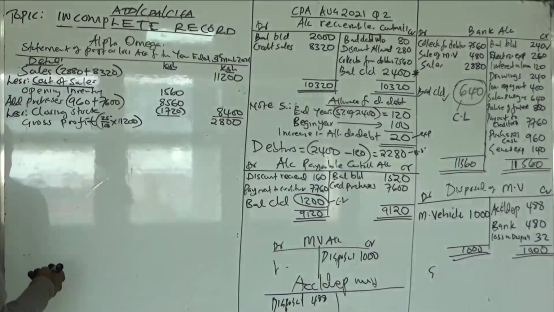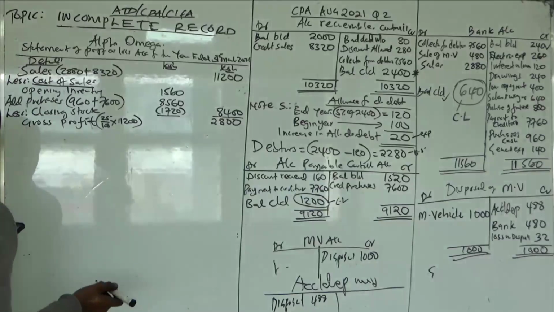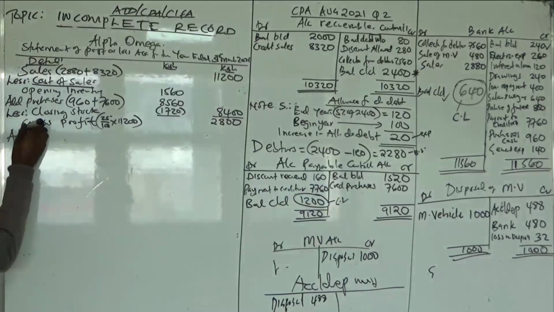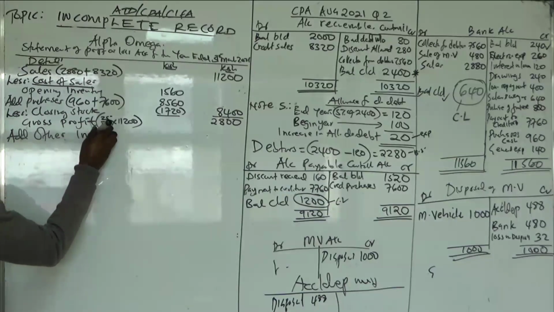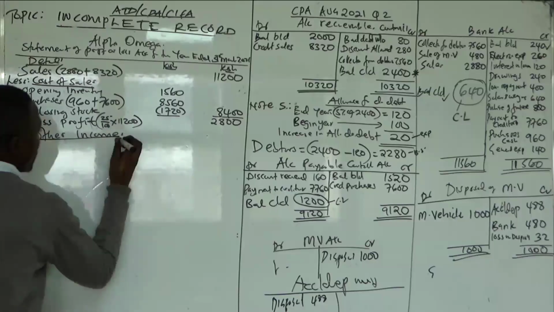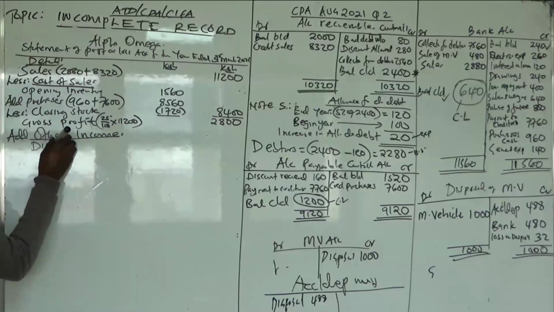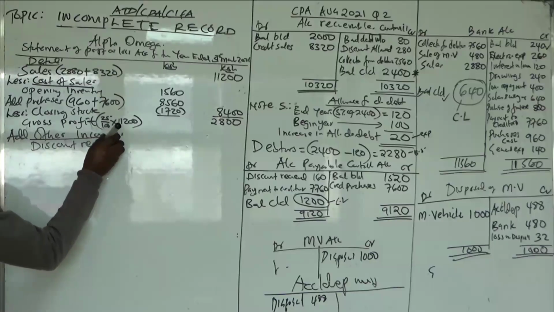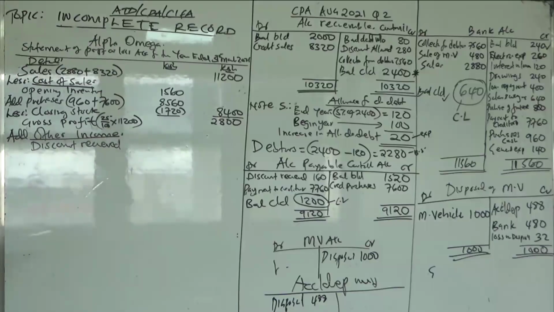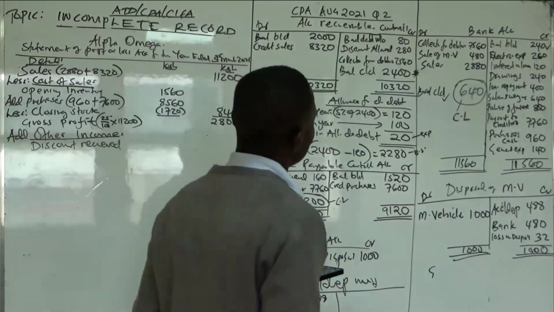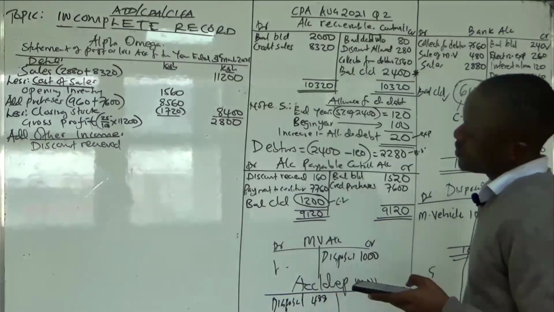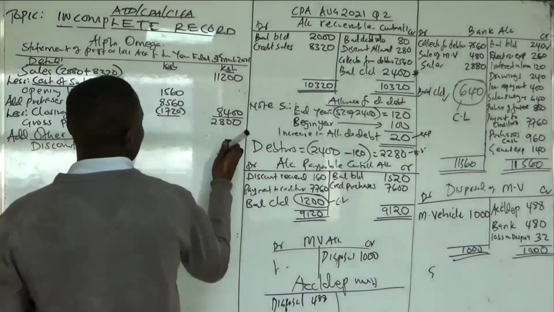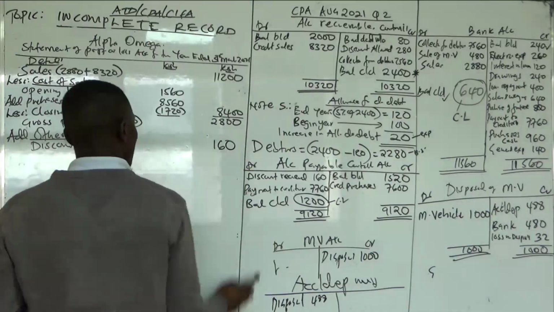Then we check if there is a profit. Ama other income. Add other income. Kwa sababu tuliona discount receive, hatuwezi sema hatuna income. Discount received ilikuwa ngapi? 160.